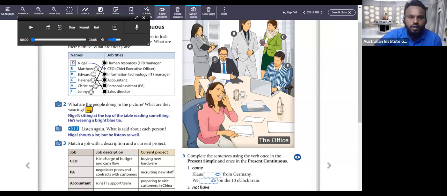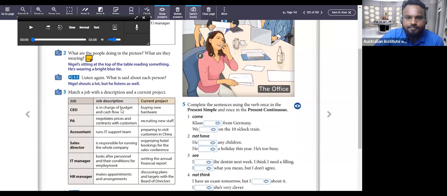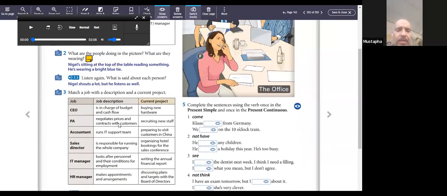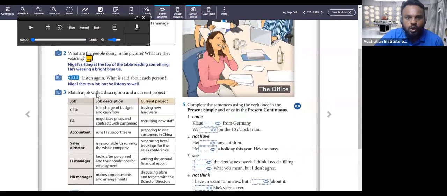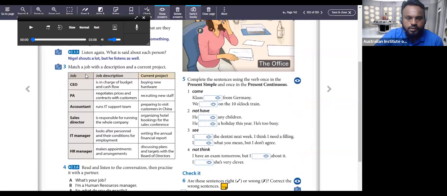Okay, beautiful. Now we'll go to number 3, and that is the one we'll do for today. Then we'll finish for the day. Match a job with a description and a current project. These are the jobs we can see: CEO, PA, accountant, sales director, IT manager, HR manager. Job description, we can see current project.